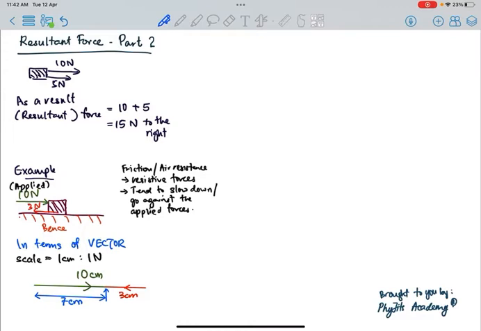That is the resultant force acting onto the box. So the resultant force acting onto the box is equal to 7 Newton, and it is still to the right, because the end point is still somewhere on the right of where we started our drawing. This is the point where you start your drawing.